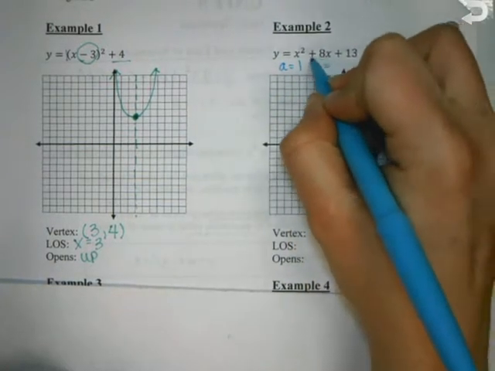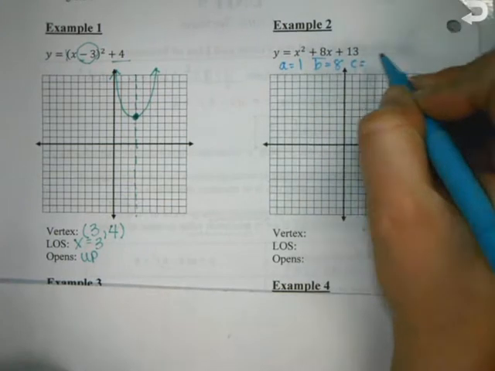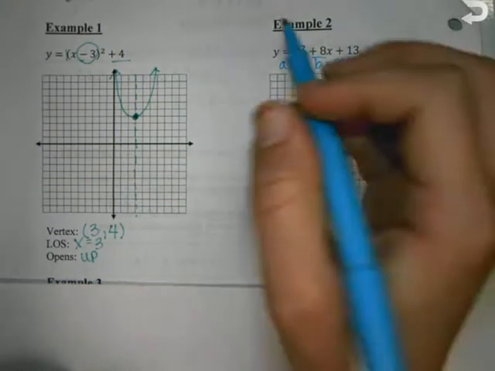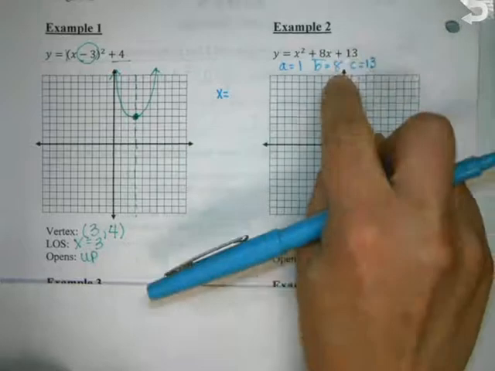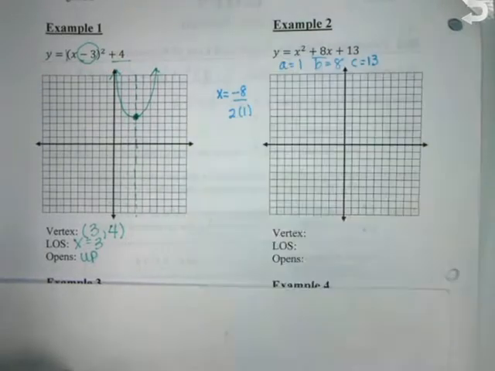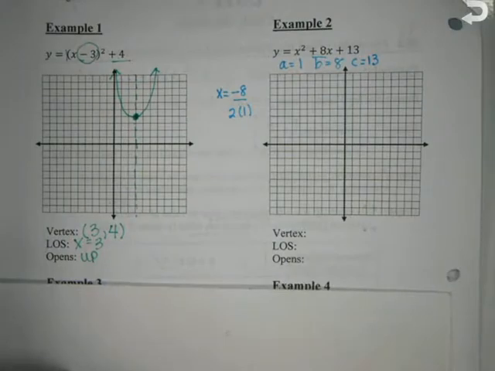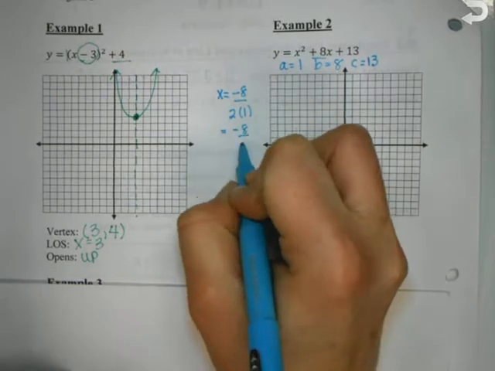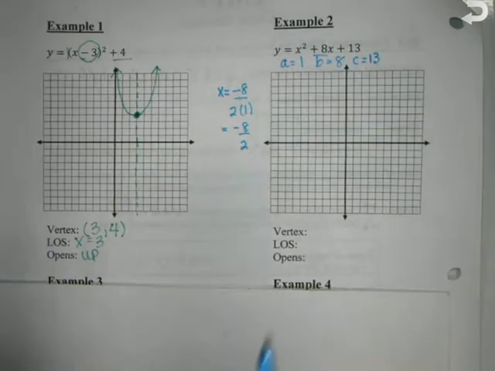And C is 13. So let's find the x-coordinate. That is x equals negative b over 2a, so negative 8 over 2a. So x equals negative 8 over 2. So x equals negative 4.